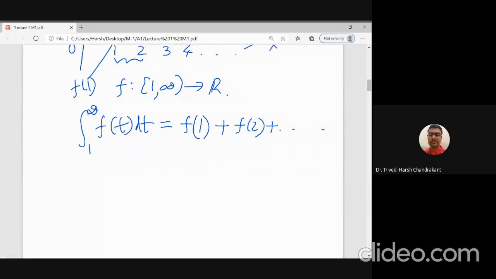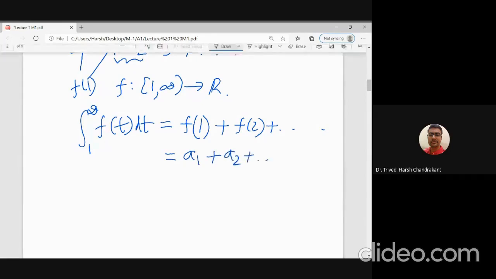Now if I call this f of 1, that is a real number, to be a1, f of 2 be a2, and so on, then what will be this sum? Now this is an infinite sum of real numbers.